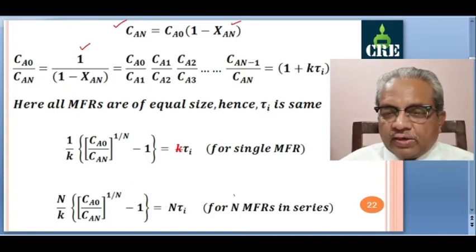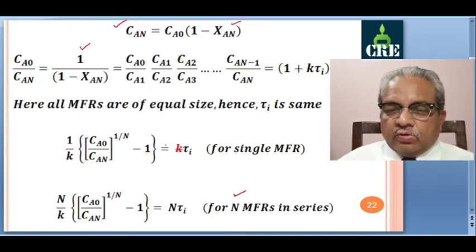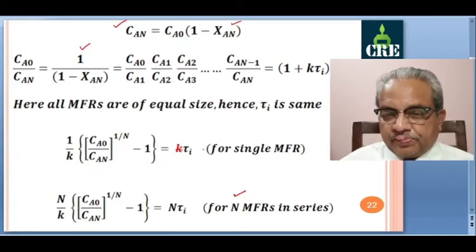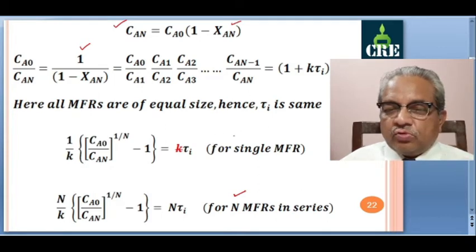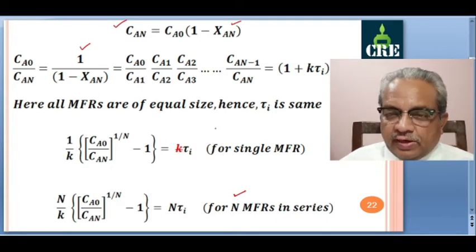For n mixed flow reactors in series, for n reactors it will be n times tau i. This is tau 1 plus tau 2, plus tau 3, and so on. So there are n numbers, so you will write n into tau i. That means when tau 1 is equal to tau 2 you can write it as tau, and tau 1 plus tau 2 will be 2 tau.